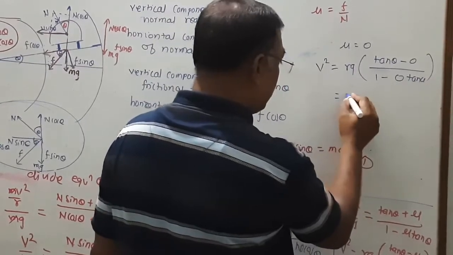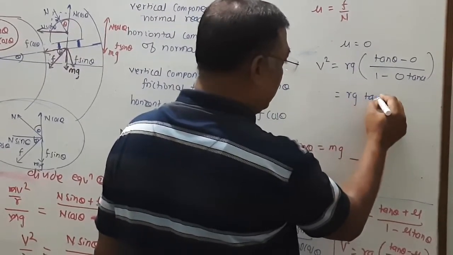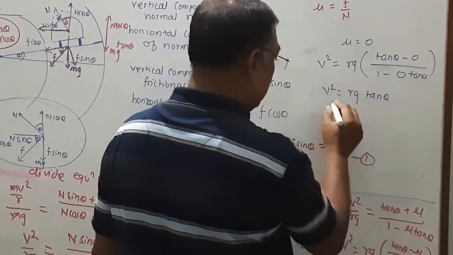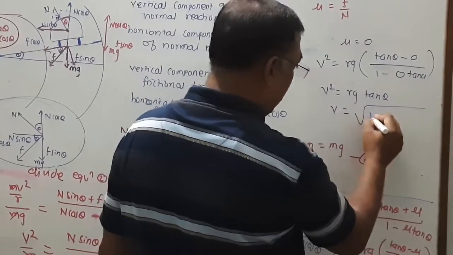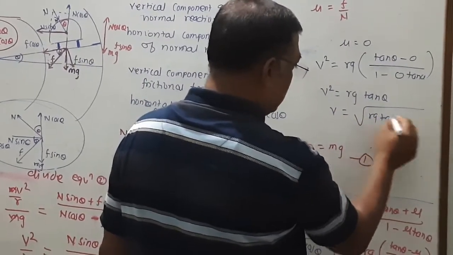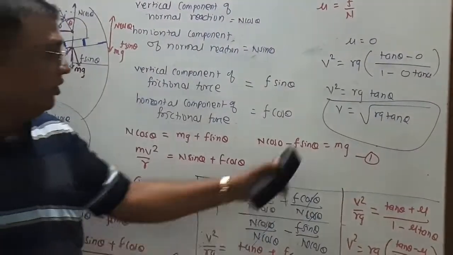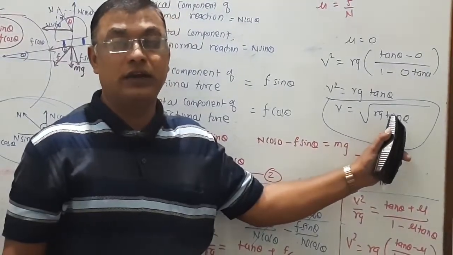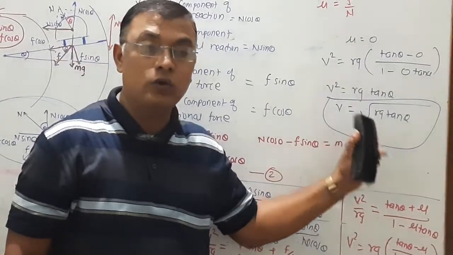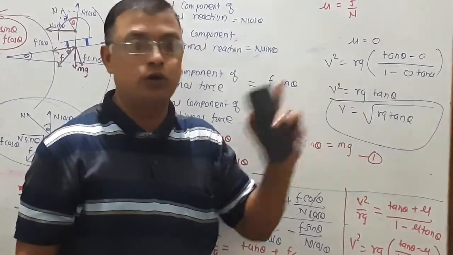So this equation comes out to be rg tan theta, that is v is equal to under root of rg tan theta. This kind of equation we derived in the previous lecture, v is equal to under root of rg tan theta, if we do not consider the frictional force.